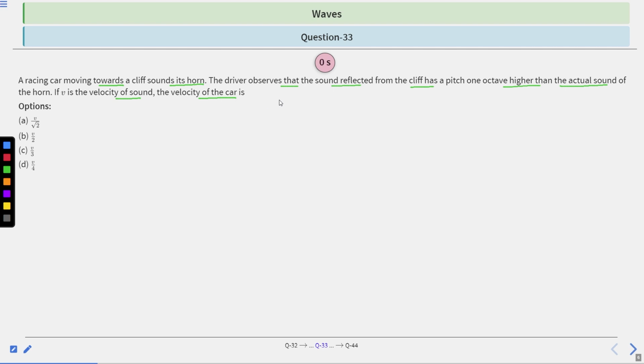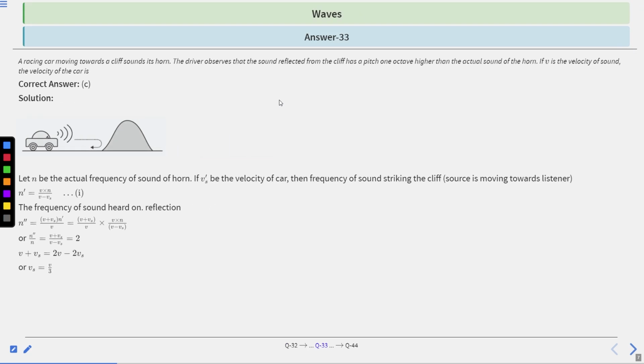Let's find the solution. According to the question, a racing car is moving towards a cliff. Suppose this is the car moving towards the cliff, and the driver observes that the sound reflected from the cliff has a pitch one octave higher than the actual sound of the horn.